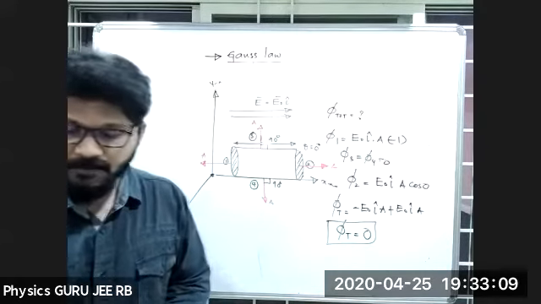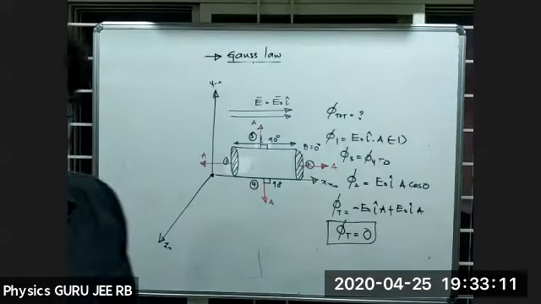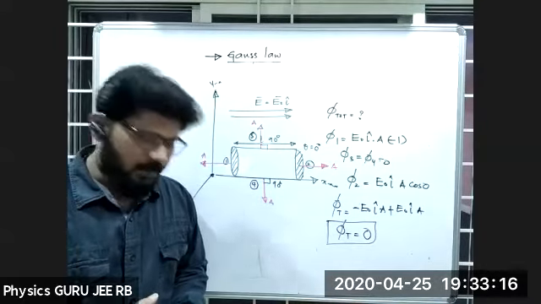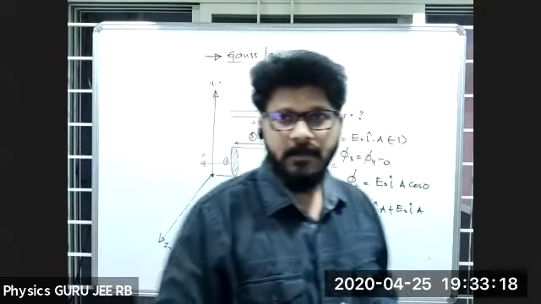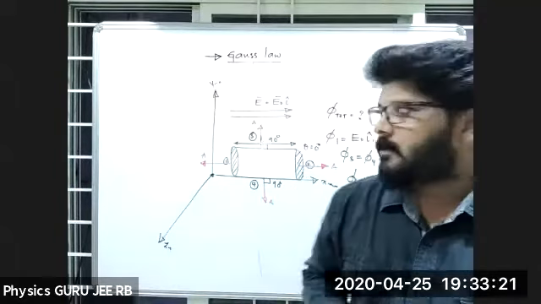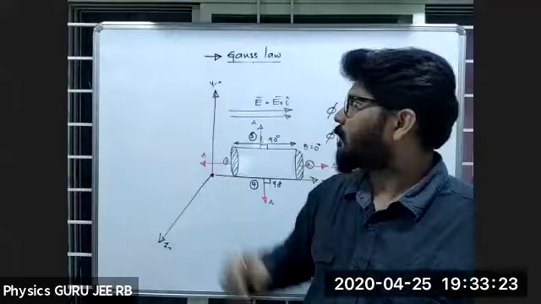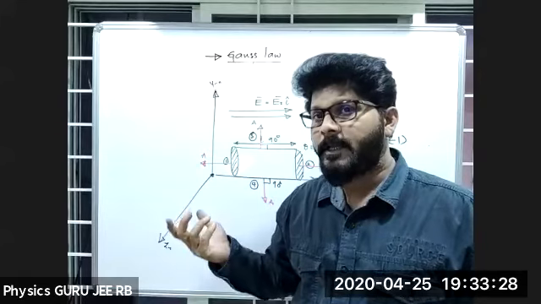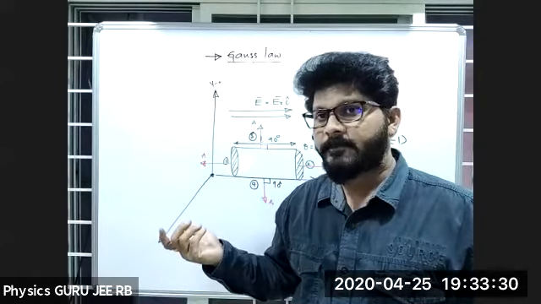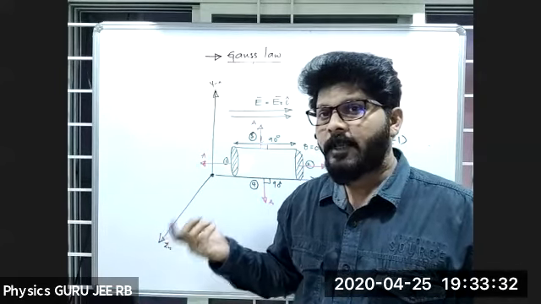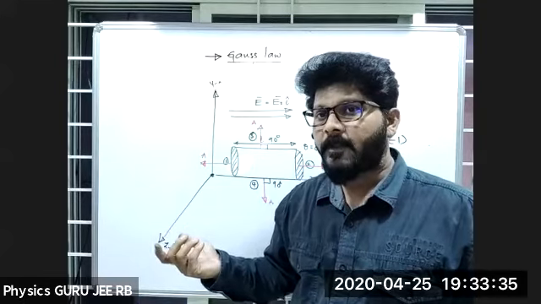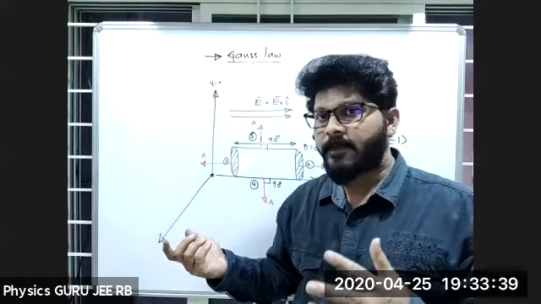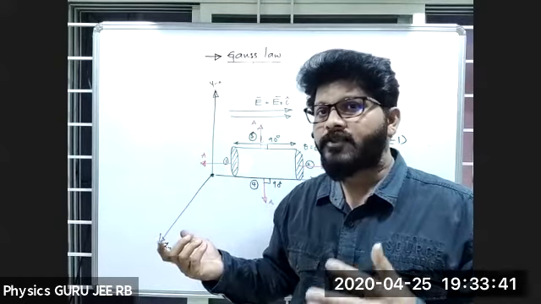Okay. In the next class we'll be starting what Gauss law is and its application. What we learned in this class: first, how to show area as a vector, and how to take the direction of that vector.